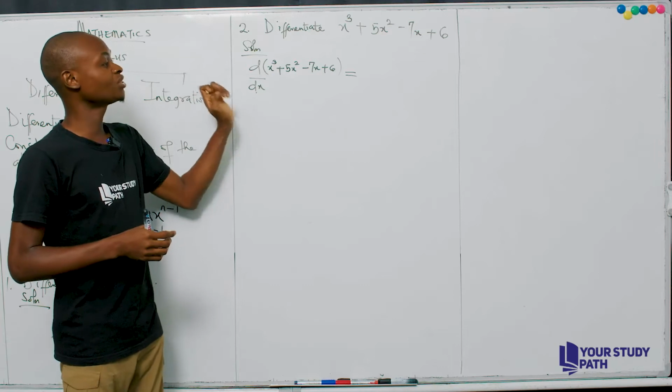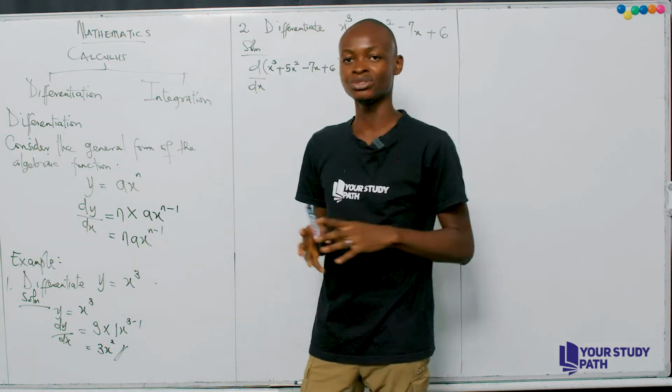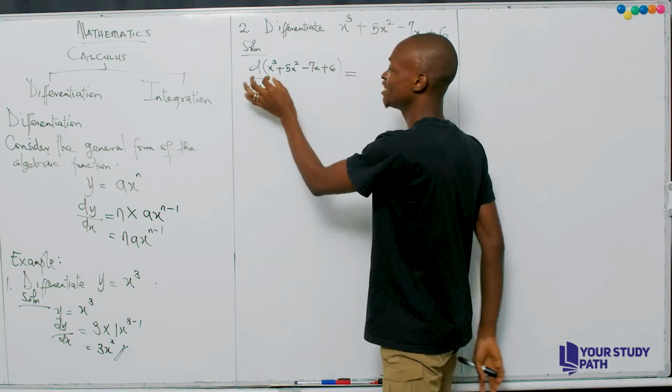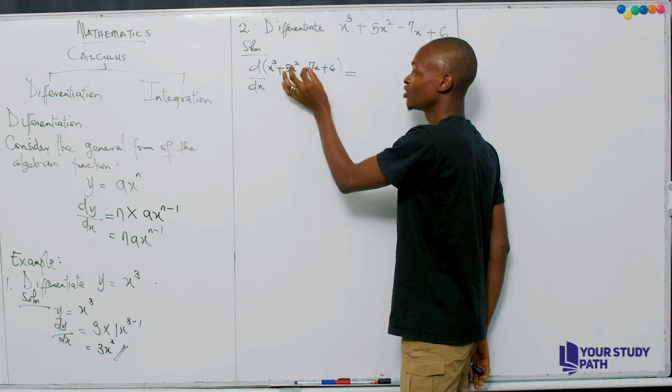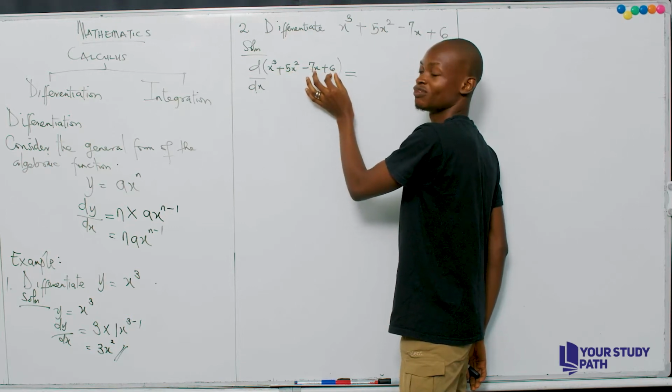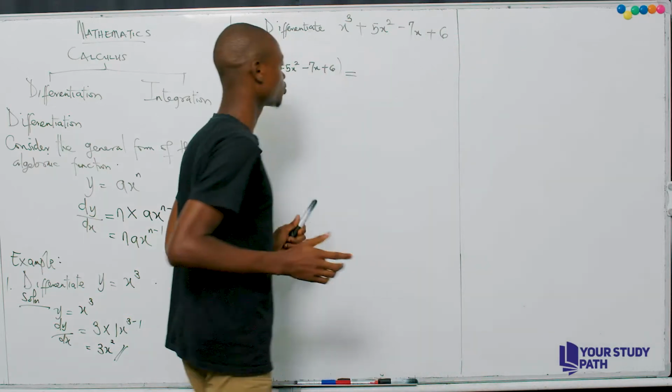The differentiation is a sign that is largely associative, which means that you can differentiate this plus the differentiation of this minus the differentiation of this plus the differentiation of this. In full terms, this is what I'm saying.